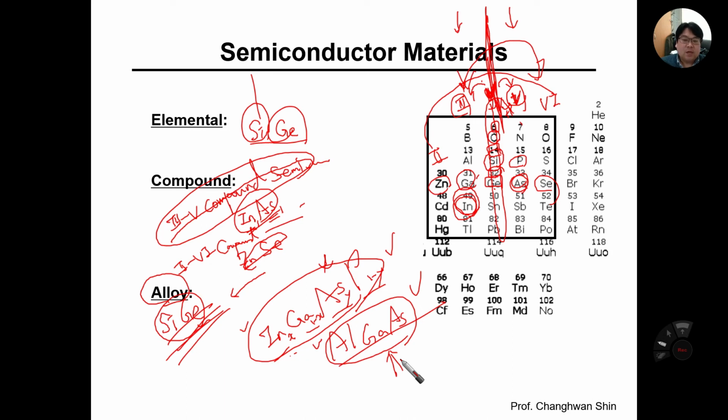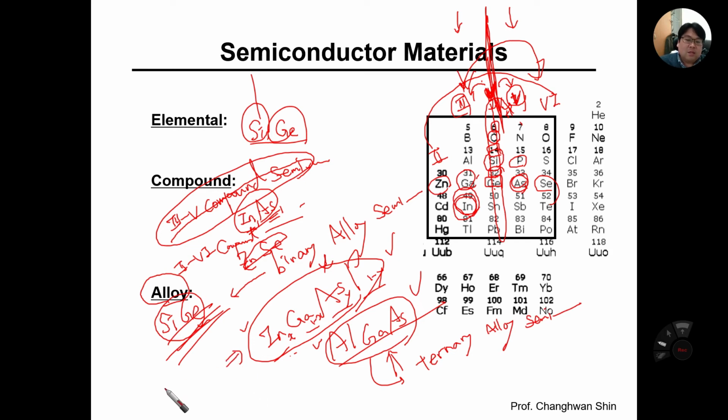And that's true. Silicon germanium is classified as a binary alloy semiconductor material, and aluminum gallium arsenide is classified as a ternary alloy semiconductor material.